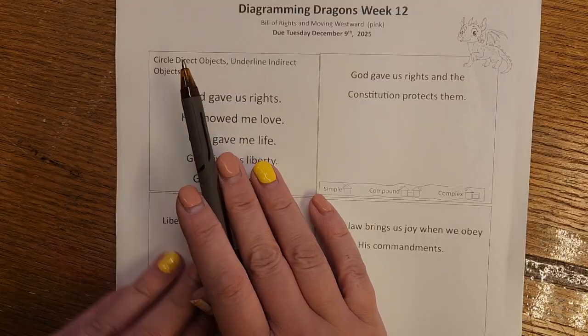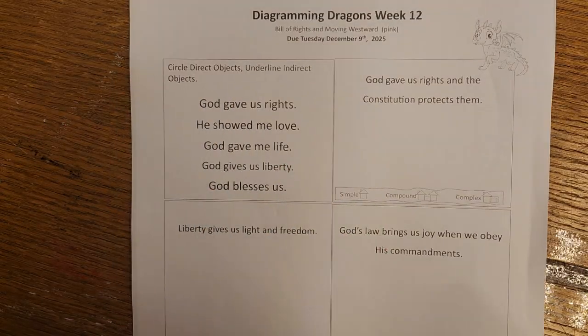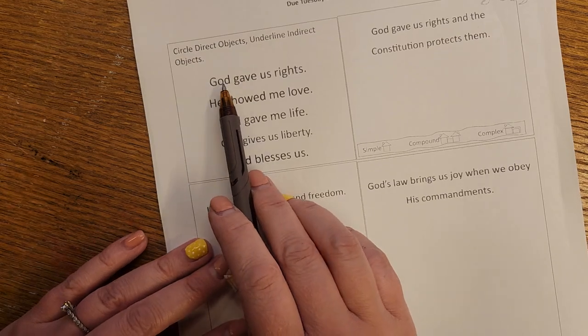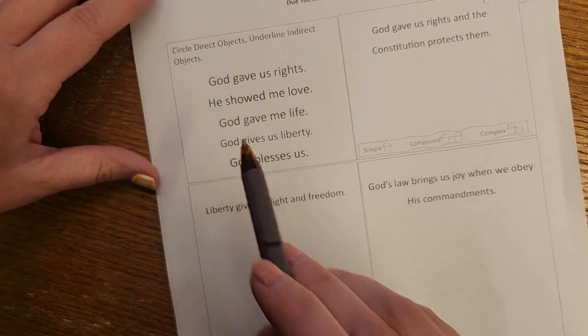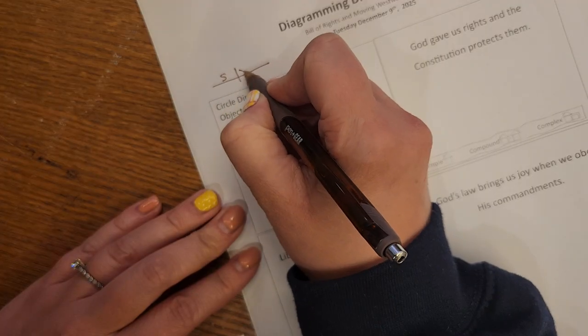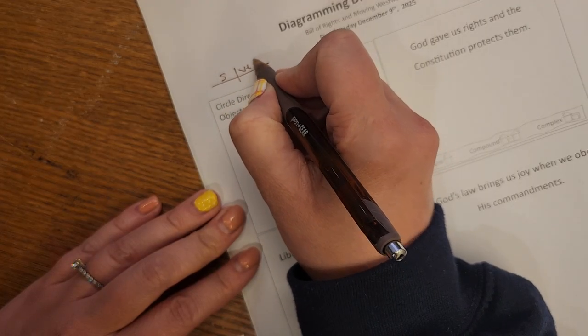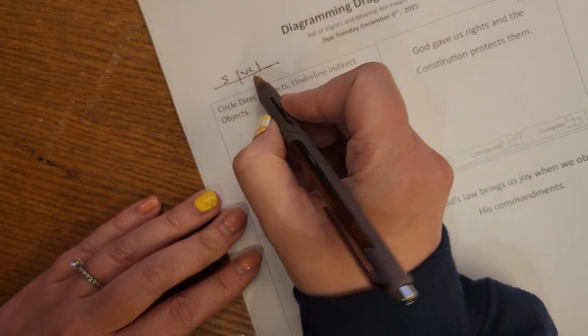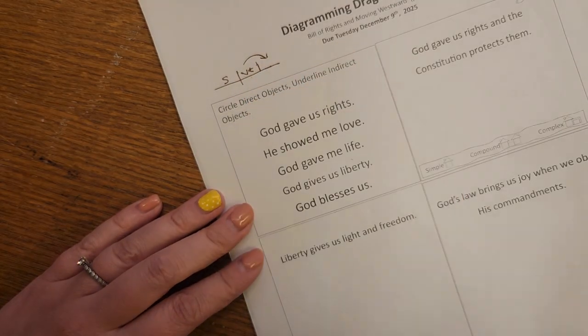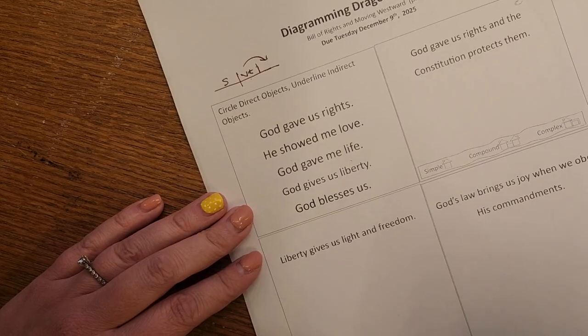We have direct objects and we have indirect objects. So let's go through this together. Do you guys remember what direct objects are? It's where we have a subject and a verb that transfers an action to whatever the direct object is.